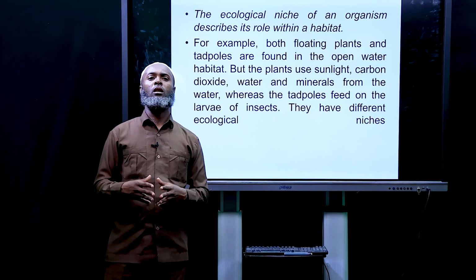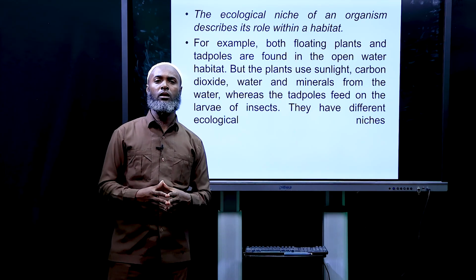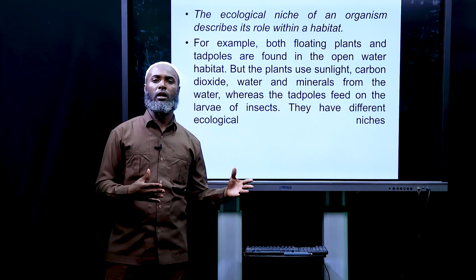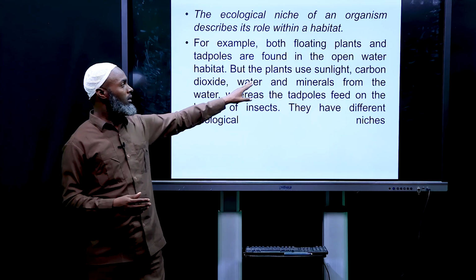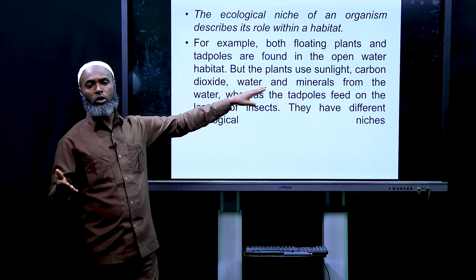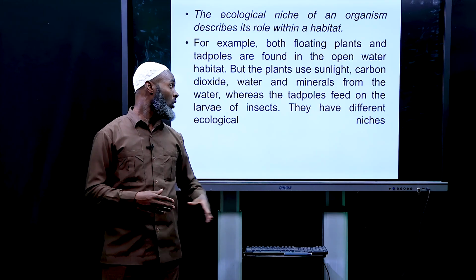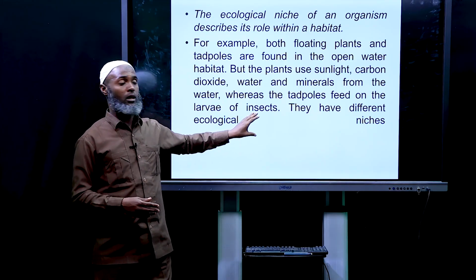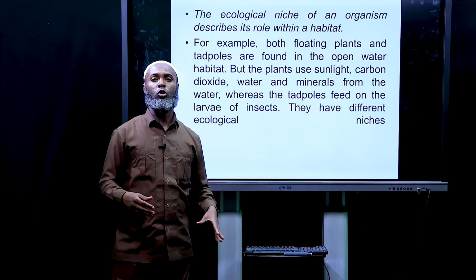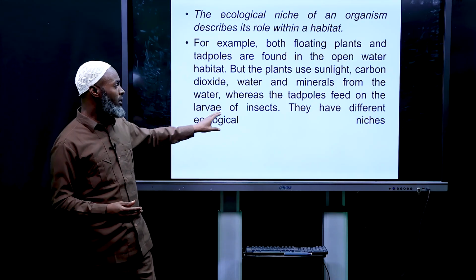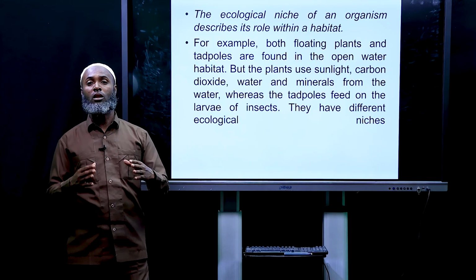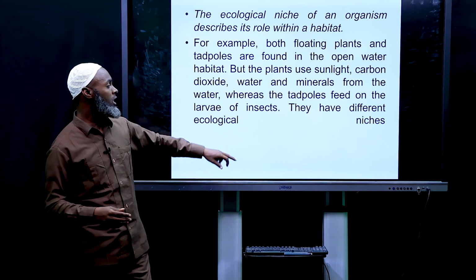For example, we can differentiate them in feeding habit. One is a producer and the other is a consumer. Floating plants are producers. They can synthesize their own food. Whereas tadpoles are consumers. They feed on larvae of insects. So they have different ecological niches.